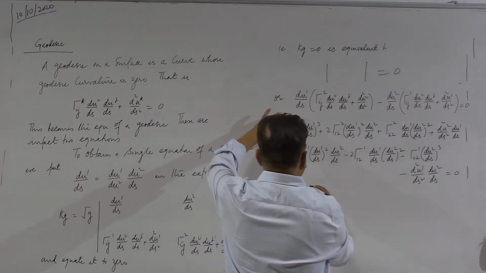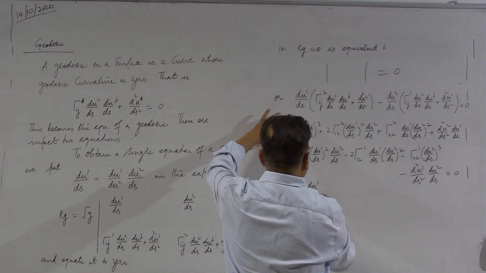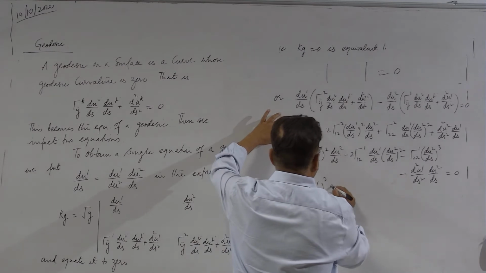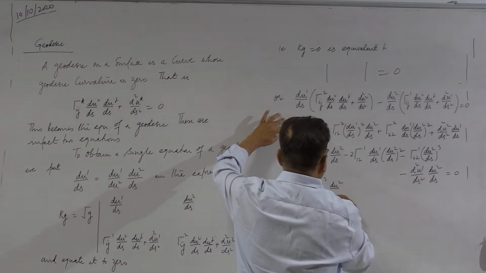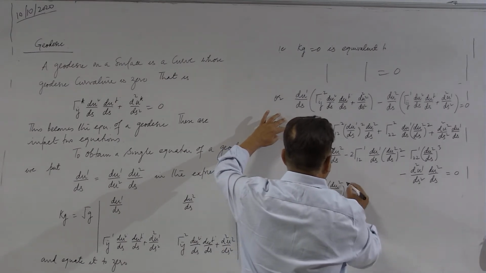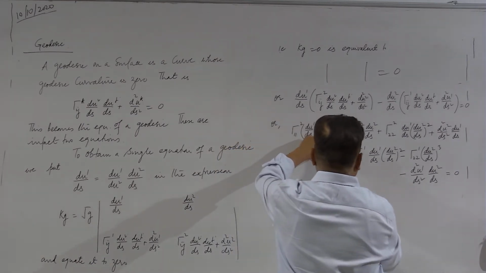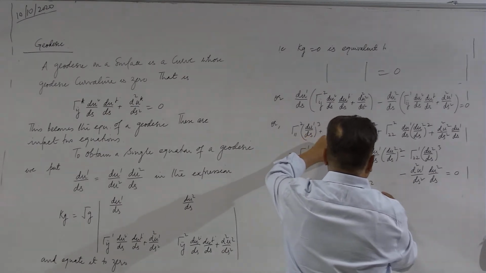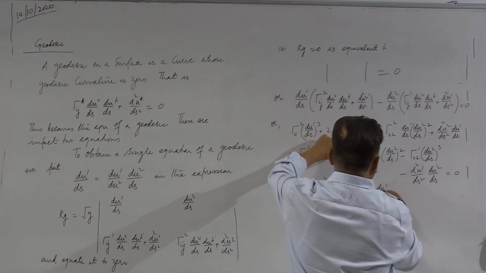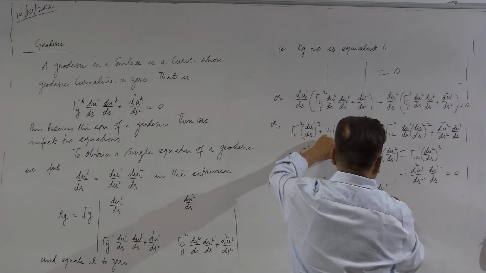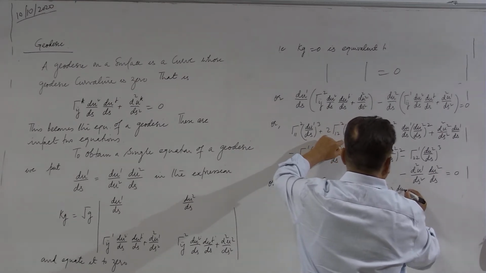So, this will become (du1/du2) whole cube into (du2/ds) whole cube. Here also 2 times gamma 2 12, this will become (du1/du2) whole square into (du2/ds) whole cube.